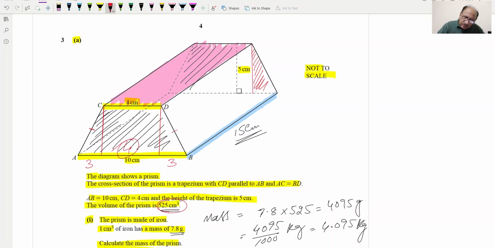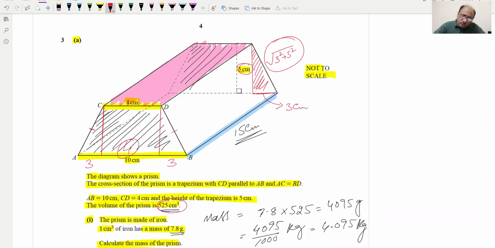This section of the triangle is 3 centimeters, and this side is already 5 centimeters, so we can find the slanting height by Pythagoras theorem, which is the square root of 3 squared plus 5 squared.